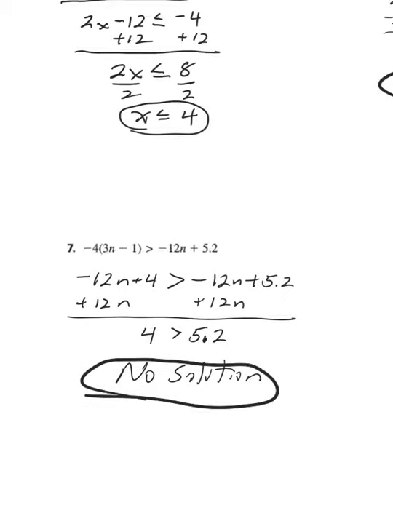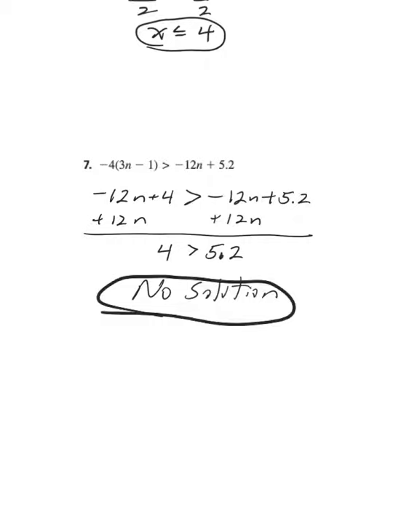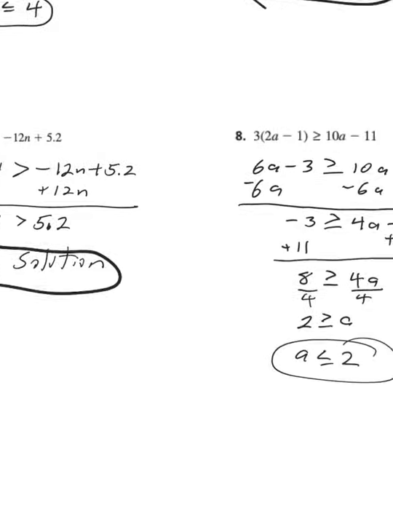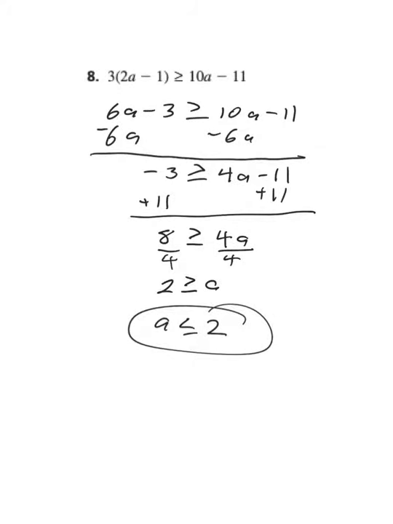And in contrast to that, on number 7, if you follow the work that I just did, you end up with 4 is greater than 5.2. This is never true, therefore we'll write no solutions for that problem. Number 8 is just a standard problem.